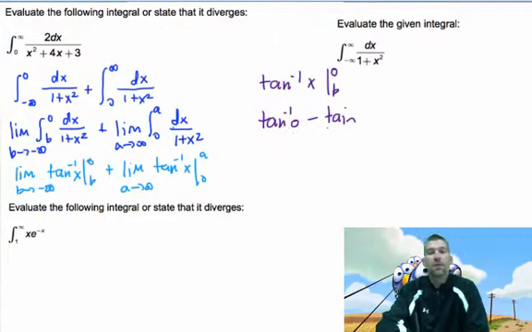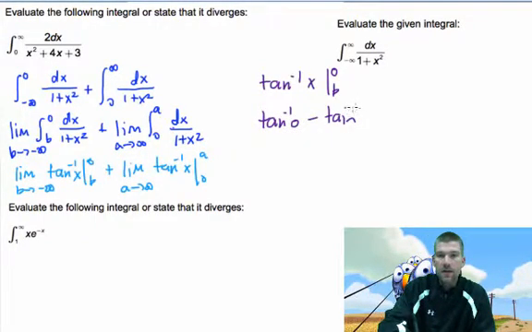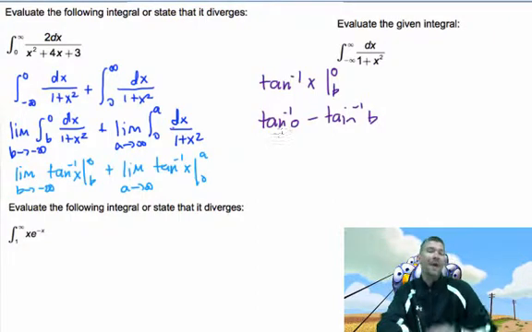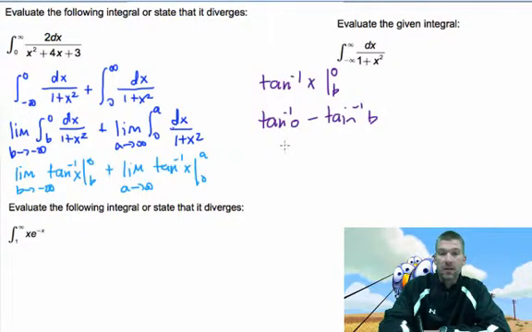Okay, the arctan of 0 minus the arctan of b. All right, so when we sort all this out, the question is what angle will give us a tangent of 0?